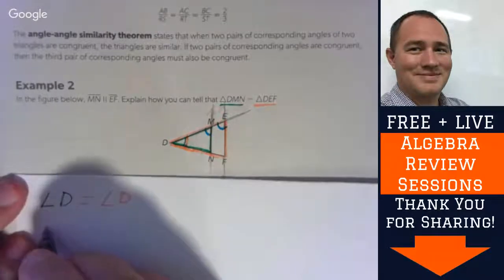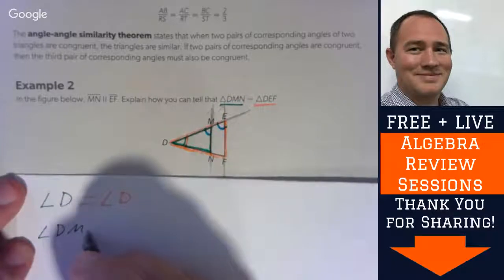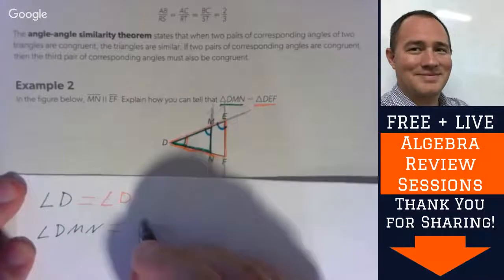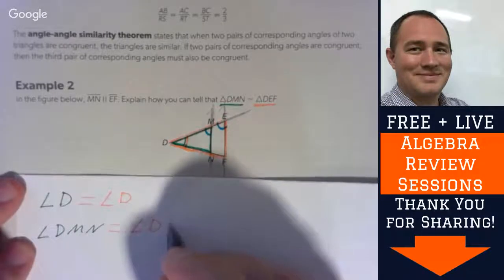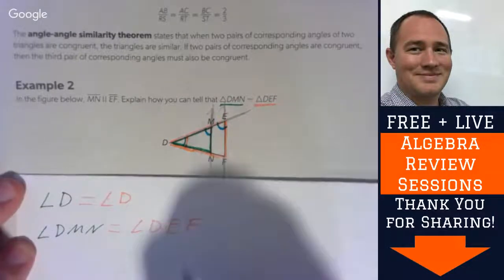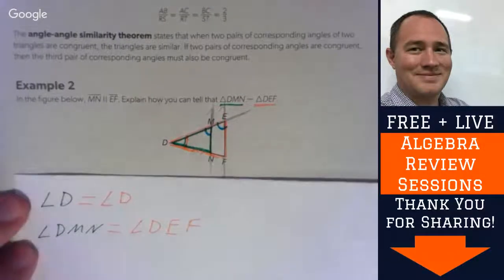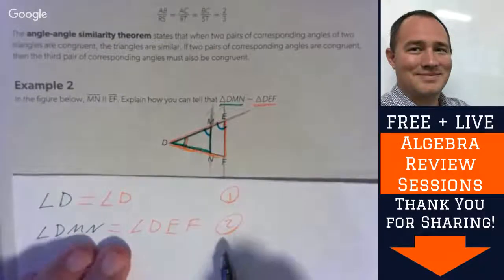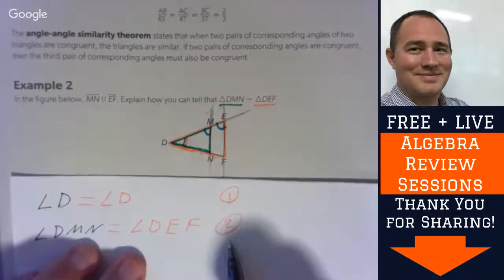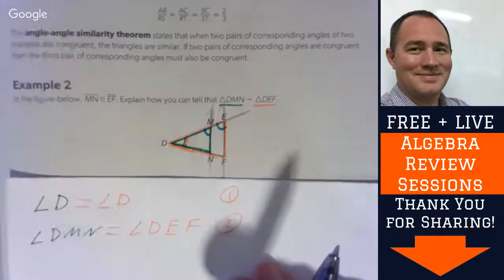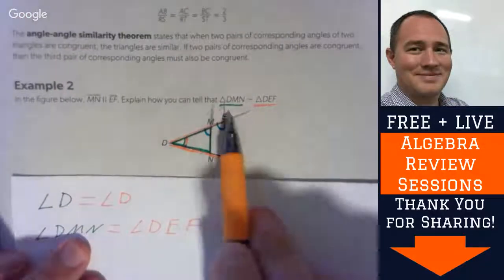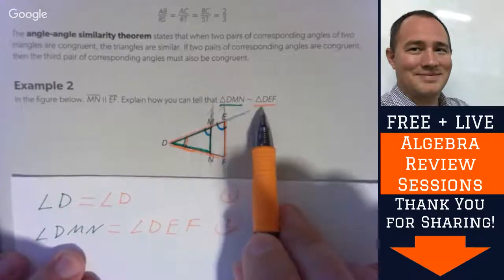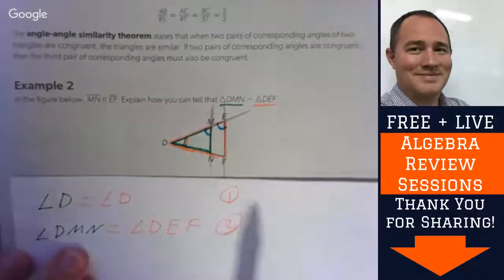So angle D, M, N is equal to angle D, E, F by corresponding angles. And now that we have 1 and 2 angles that are congruent, 2 corresponding angles are congruent. So by the angle-angle similarity theorem, we would say that DMN is indeed similar to triangle DEF.